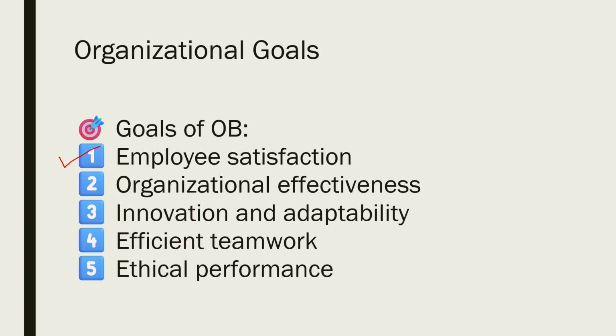Then comes organizational effectiveness. Effective working and an effective culture within the organization is another important goal, because this effectiveness would only come when the employees are satisfied, when the performance would increase, right? And all the people would work together towards achieving the organizational goals.